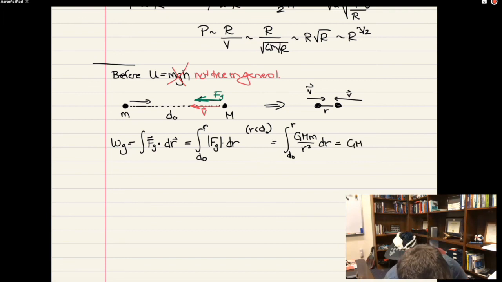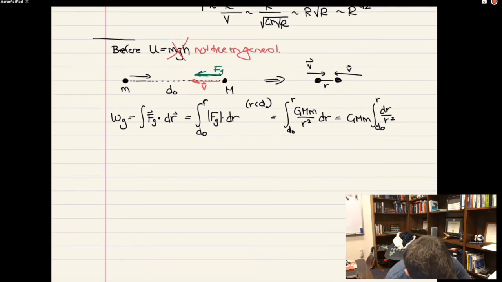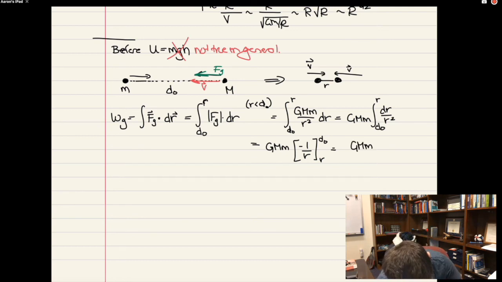The G and the m's are constants, so they can come out of the integral. And I'm concerned more now with evaluating the integral of dr over r squared, which once you do enough integrals, is pretty straightforward. The power raises up, so this becomes 1 over r, evaluated from d naught to r. So this then becomes G big M little m, and then it's 1 over r minus 1 over d naught as a result. I did a couple steps there, so you can fill in the blanks.